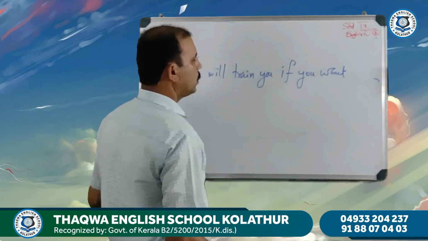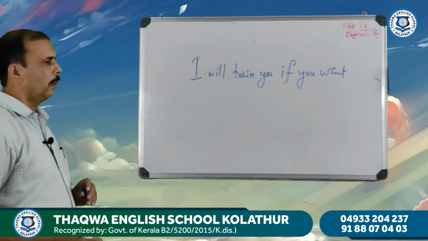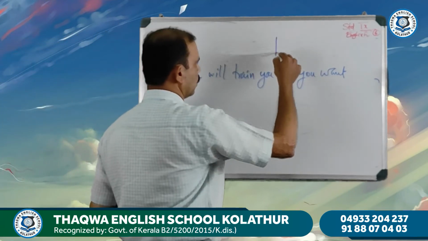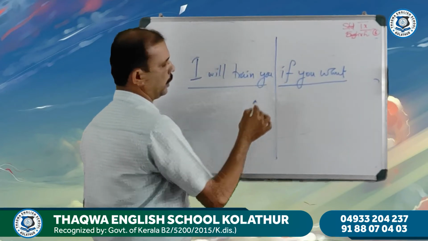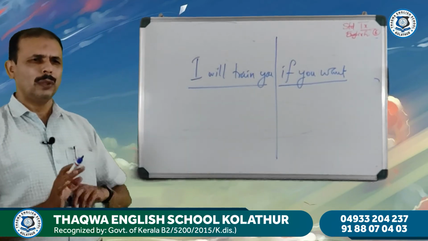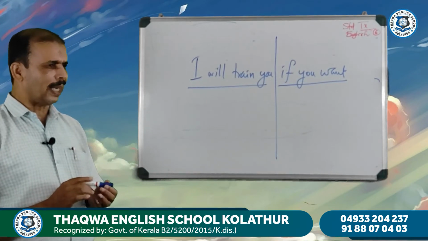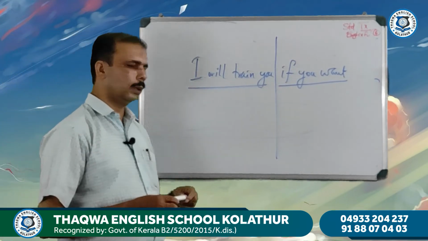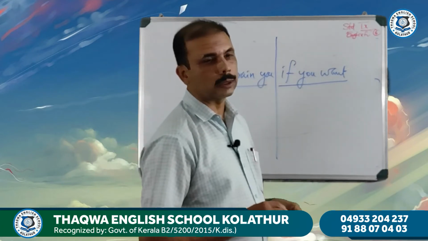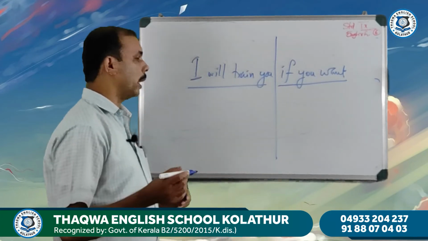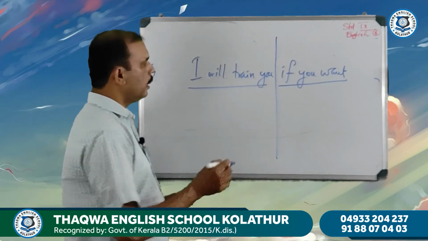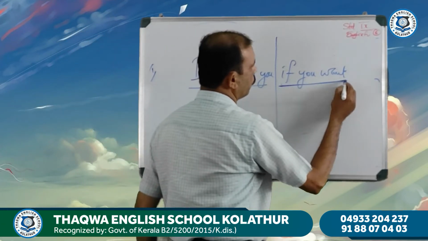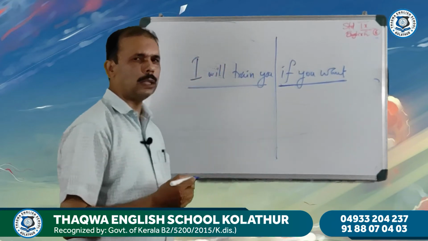If you want. So here in this sentence we have two sentences. You look, this: if you want, I will train you. So here there are three types of conditional clauses. These are called conditional clauses. The first type is this if clause, it is called if clause.